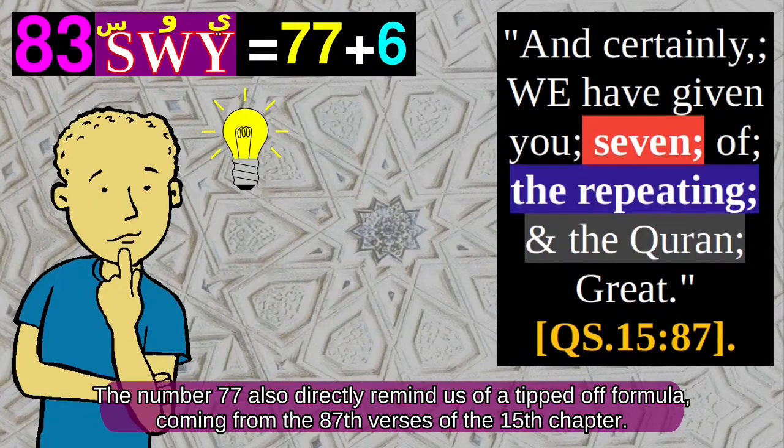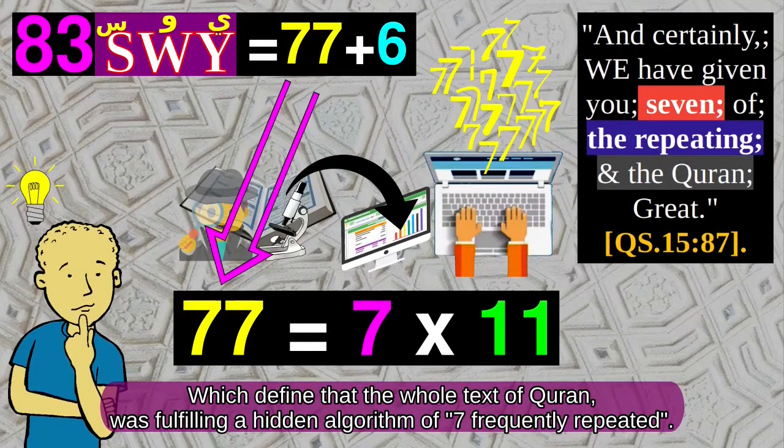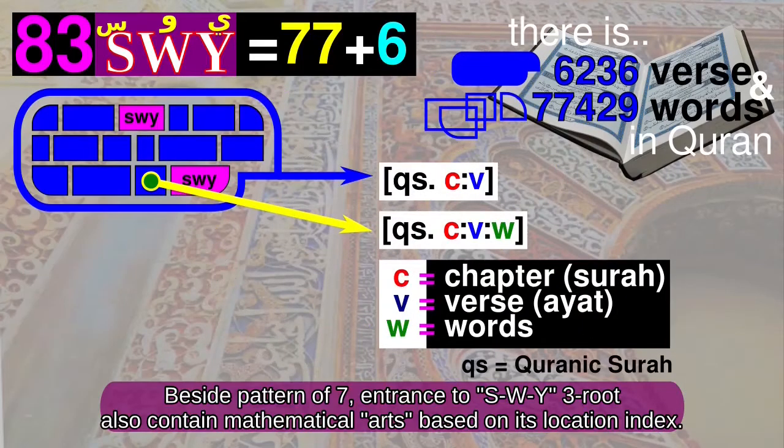The number 77 also directly reminds us of a tipped-off formula coming from the 87th verse of the 15th chapter, which defines that the whole text of Quran was fulfilling a hidden algorithm of 7 frequently repeated. Beside the pattern of 7, the SWY3 root also contains mathematical arts based on its location index.